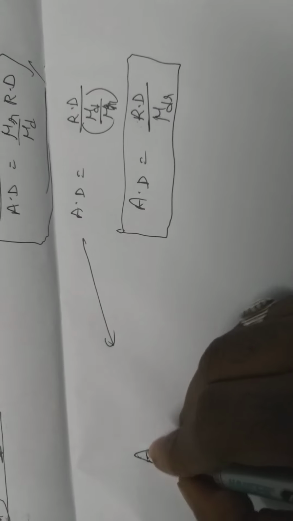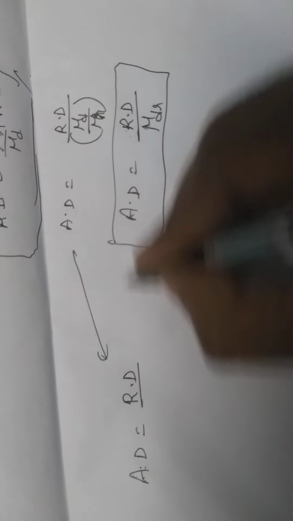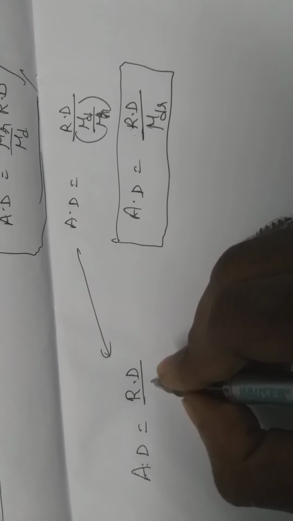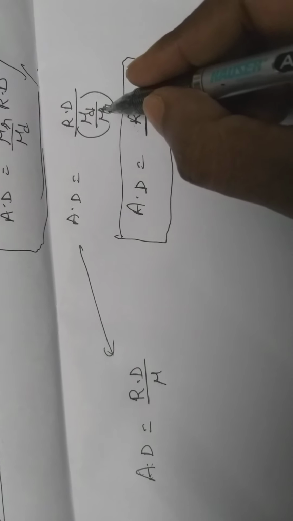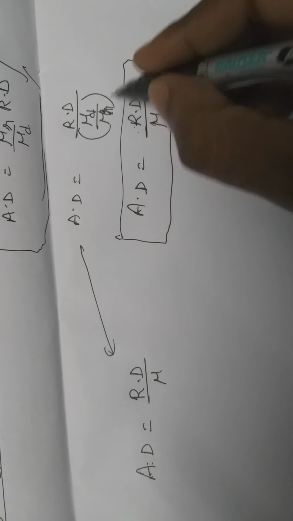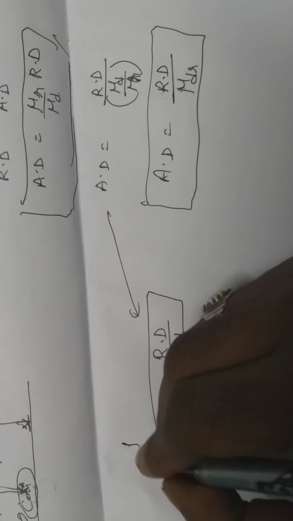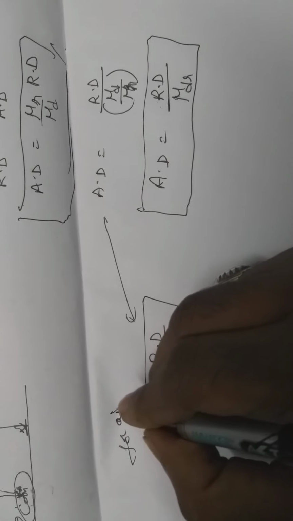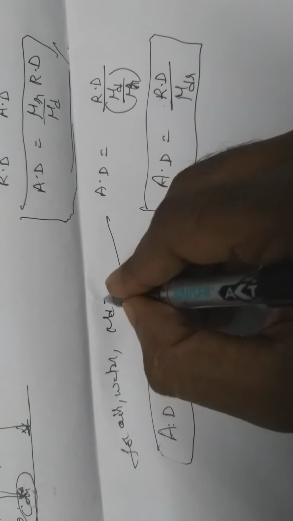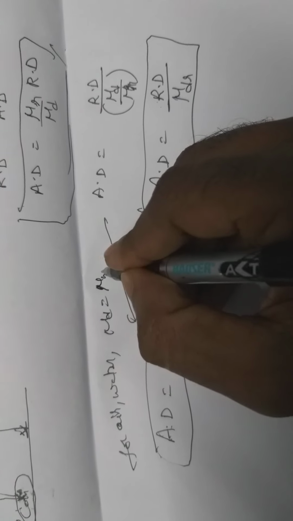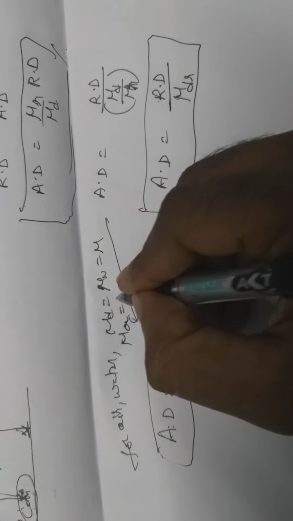If the rarer medium is air, the absolute refractive index of air is 1. So in the case of water, the refractive index of water is mu w, and that of air is 1.